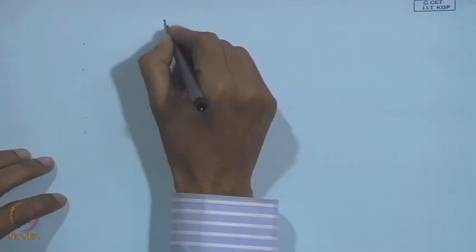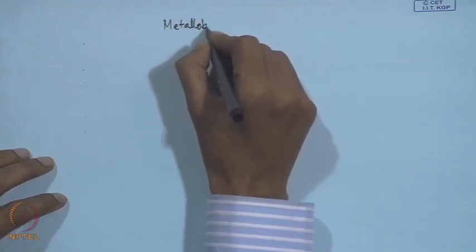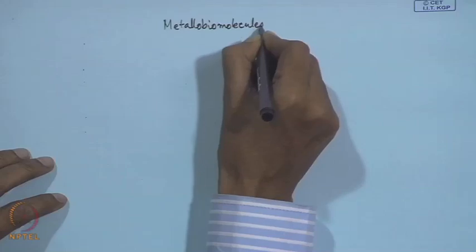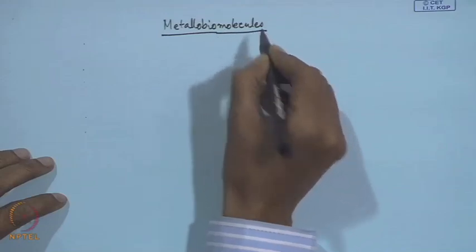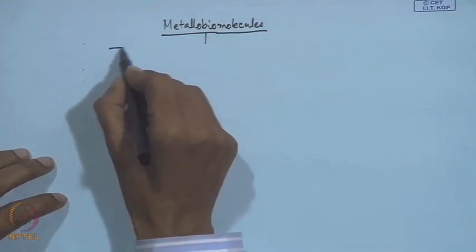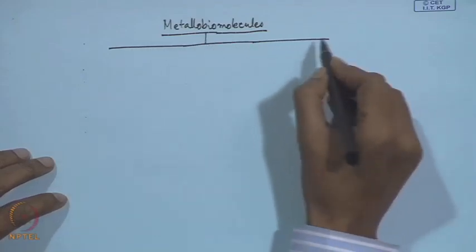So, the basic classification for all these molecules, that means a typical metallobiomolecule, is the following. In these metallobiomolecules, you have the metal center, and obviously we will be talking about those metal centers.